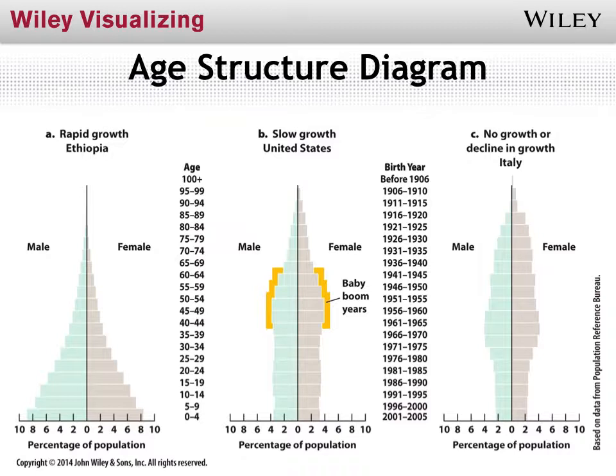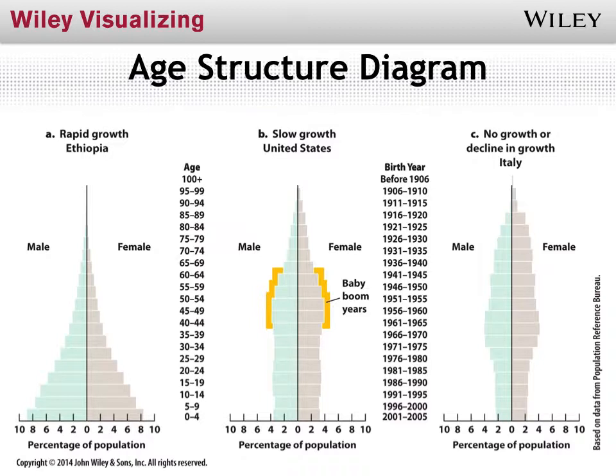So in the Ethiopia example, far more children than just the replacement rate of 2.1.